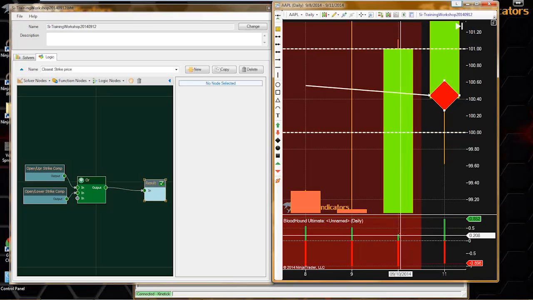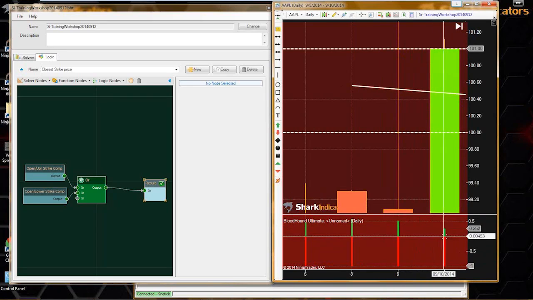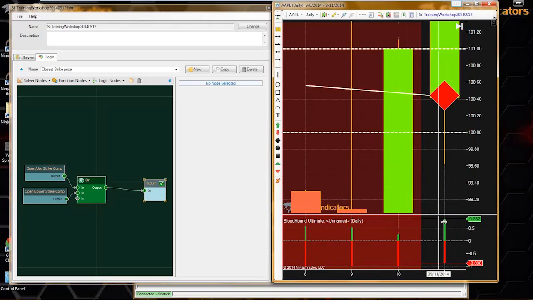If we take a look at the next bar over, the long output is very small, and the short output has maxed itself out at 1. So the opening price is definitely closer to the lower strike price because the short output is much greater than the long output. But let's go back to this bar that we're working on.